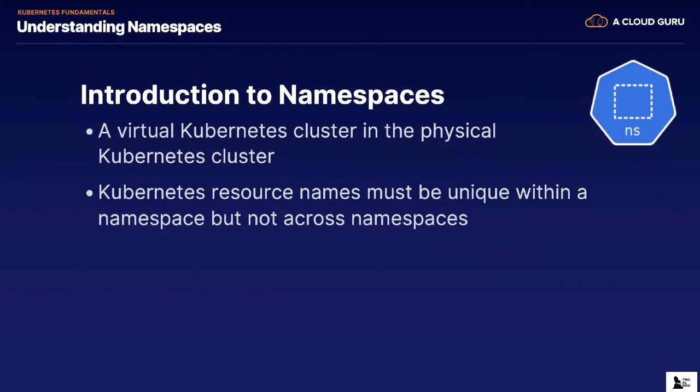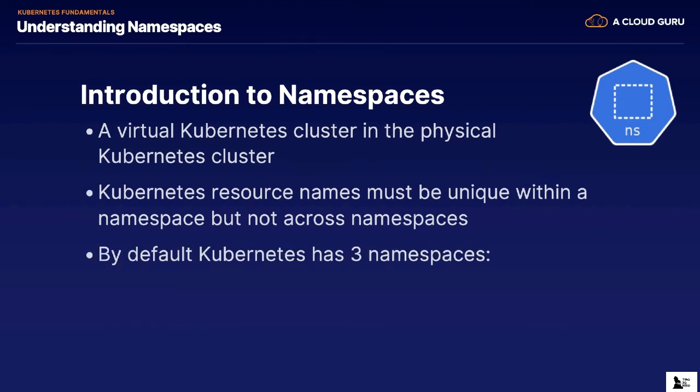If you just have perhaps 5 or 10 Kubernetes users using a cluster, namespaces probably aren't something that you need to worry about at this point. But as your cluster grows and the types and number of applications grow, it may be beneficial to you to create new namespaces. By default, you'll have at least 3 different namespaces. They are the default namespace, which is where we've been creating all of our pods and deployments.